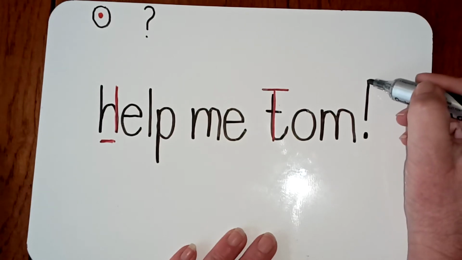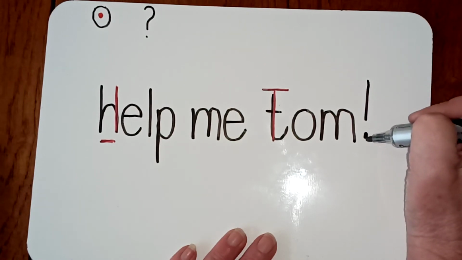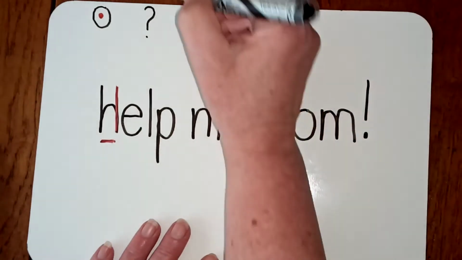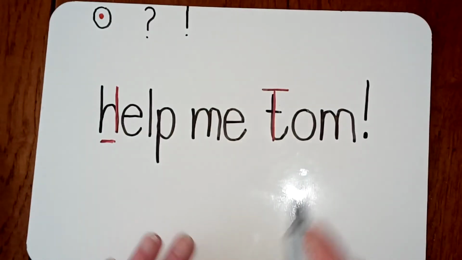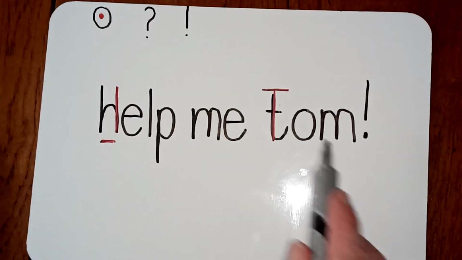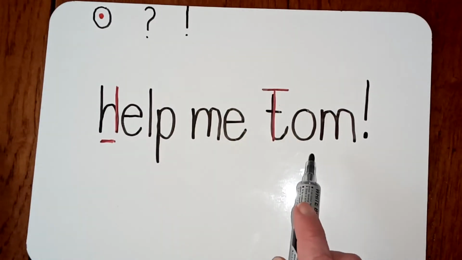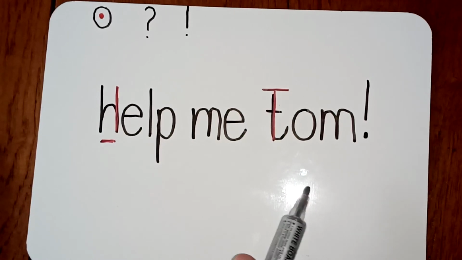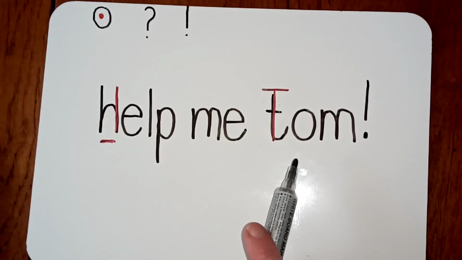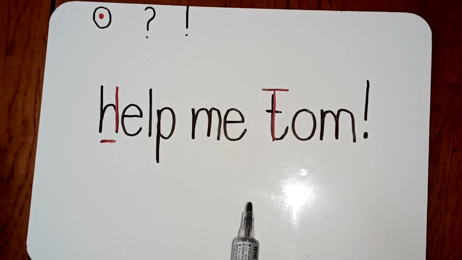So it's a line with a dot, and it will go up here because that's what we end this kind of sentence with. So the person who is shouting this is maybe in a swimming pool and they need help, or maybe they've fallen down and they hurt and they need help.